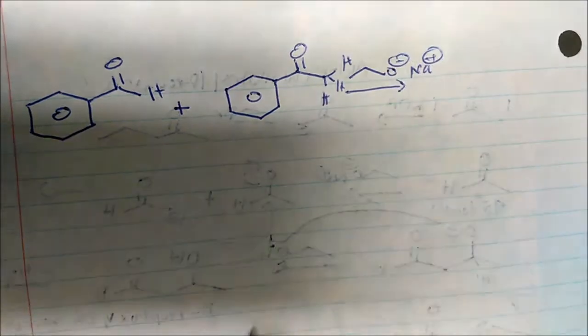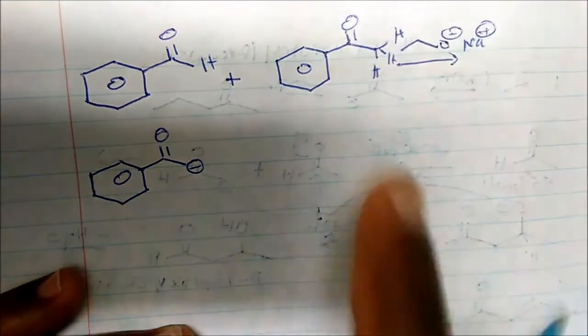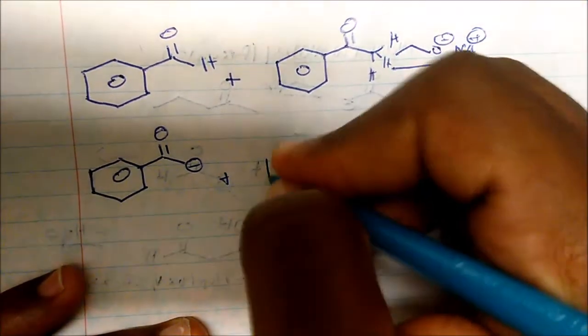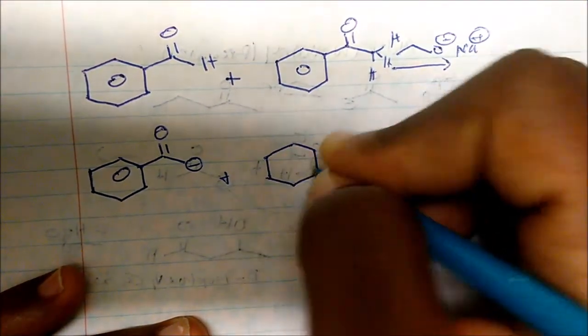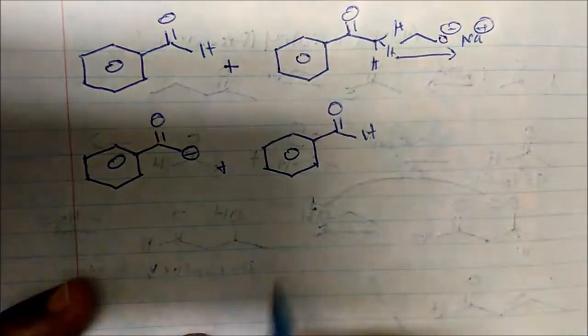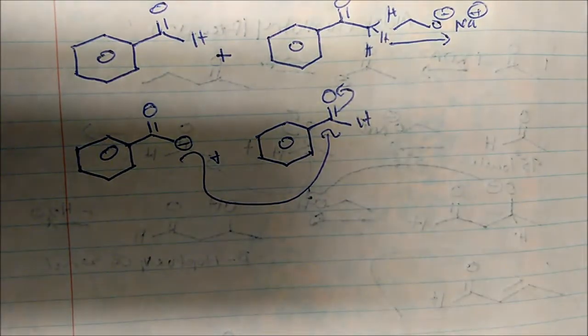And so if we throw these molecules in solution, I will get the deprotonation of one of those hydrogens off acetophenone, and then I still have benzaldehyde that will now be my electrophile. The carbonyl will be my electrophile. This will attack in this place.